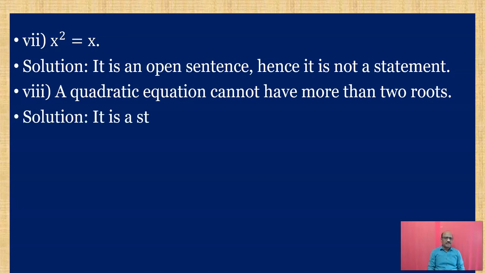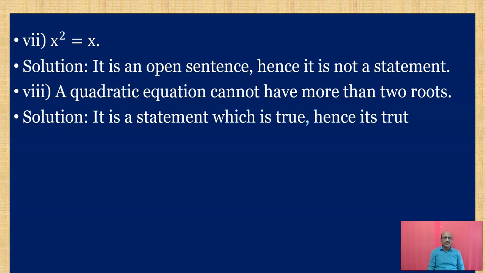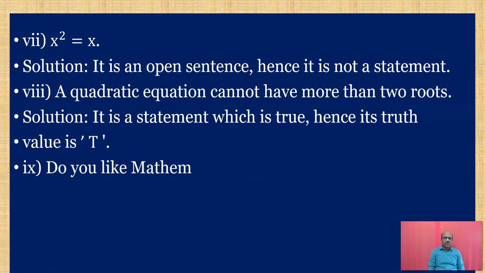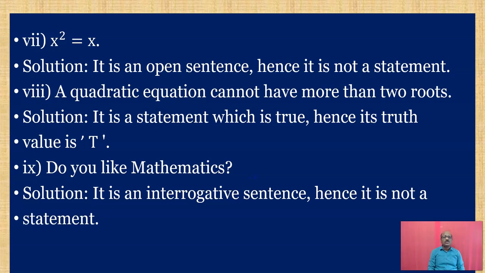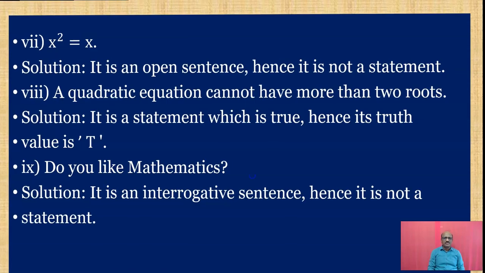Therefore, it is a statement which is true, and hence its truth value is T. Ninth, do you like mathematics? It is an interrogative sentence, and hence it is not a statement.